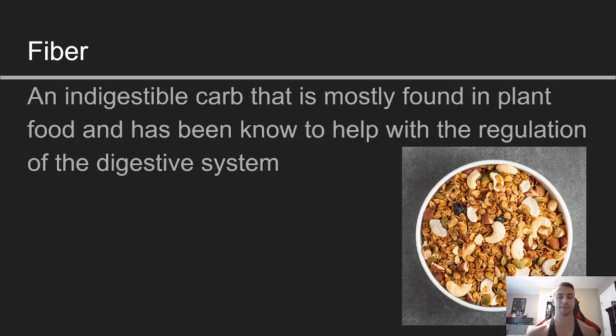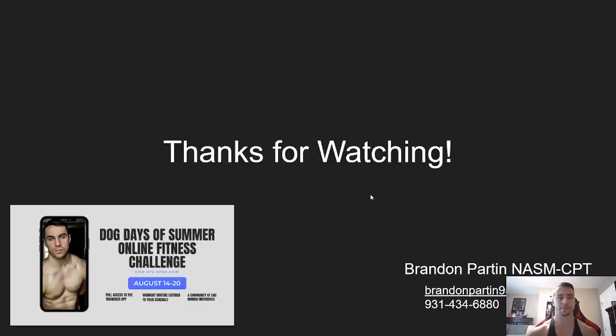Sometimes when you have carbs and fiber, the fiber can be subtracted from the carbs, because fiber in itself is a carb, but it's indigestible, which goes into the digestive system, and why you're likely to use the bathroom when you take a certain amount of fiber. That's because it's an indigestible carb, and the body doesn't really know how to digest it. And that's basically what fiber is.